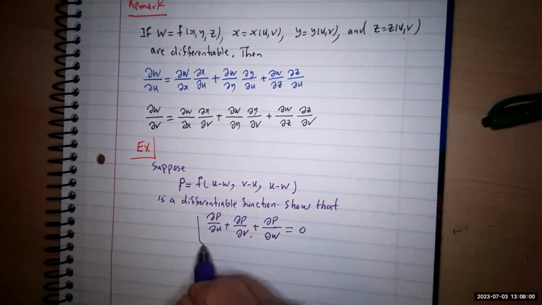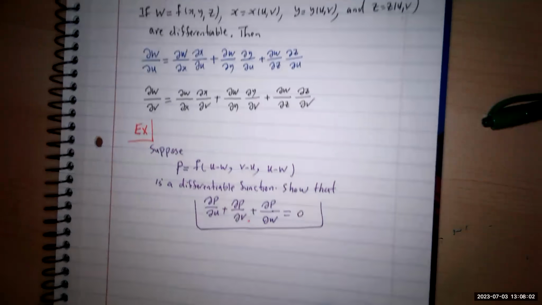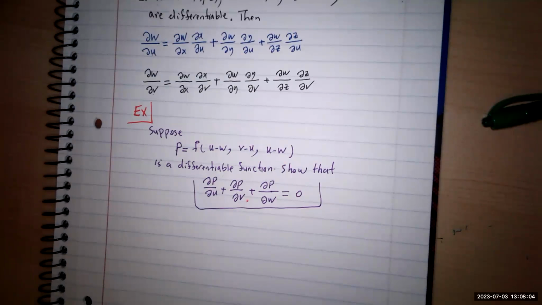You see, you don't have the function, but with this information, you want to prove that this function satisfies this condition: the sum of those partial derivatives happens to be equal to 0.